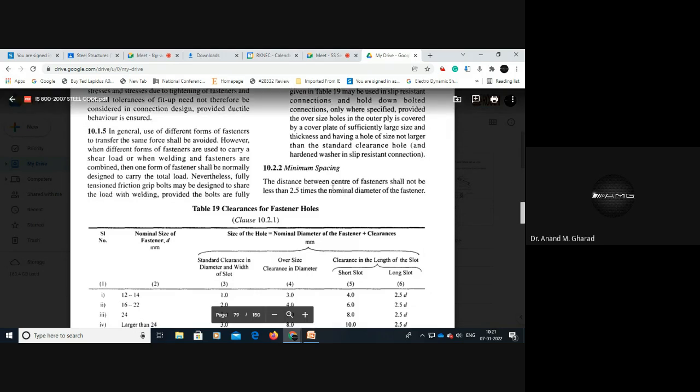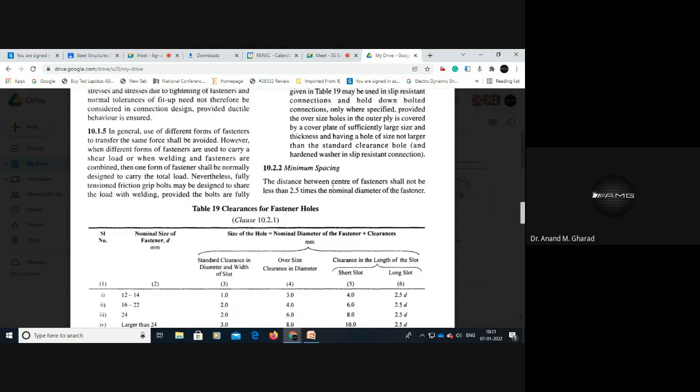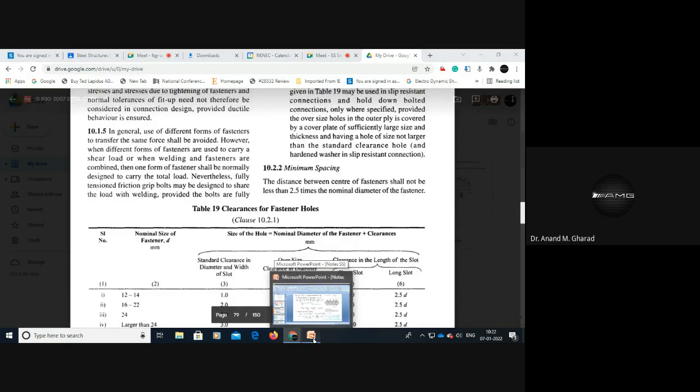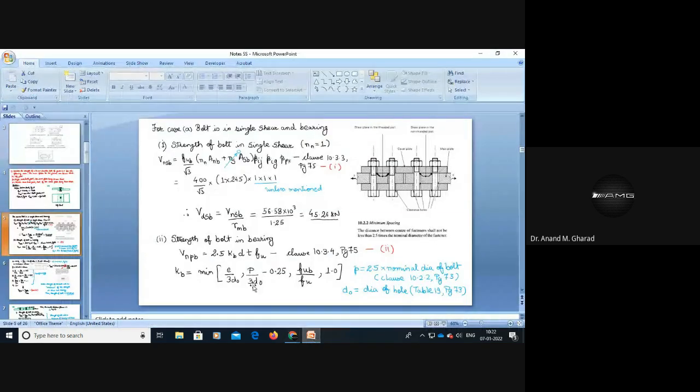Based on this, we can identify the value of pitch, that is small p. Are you getting me? Yes or no? Yes, sir. So fine. This small p value is opted from this clause, 2.5 times the nominal diameter of the bolt.